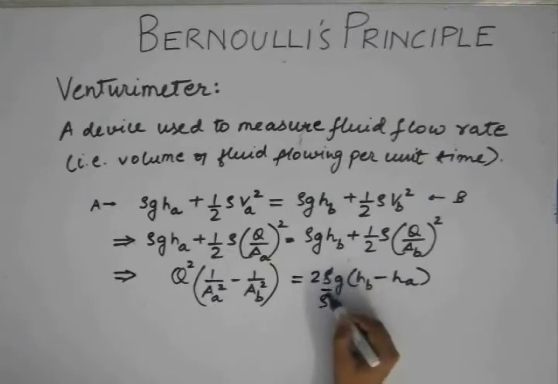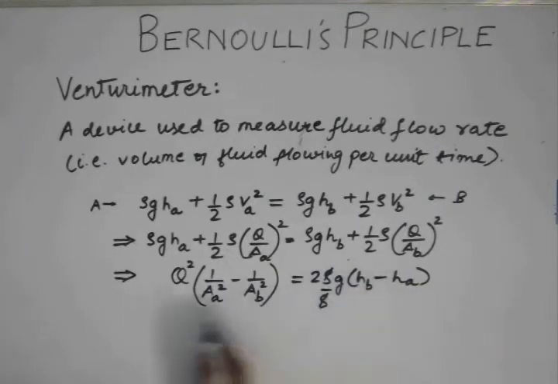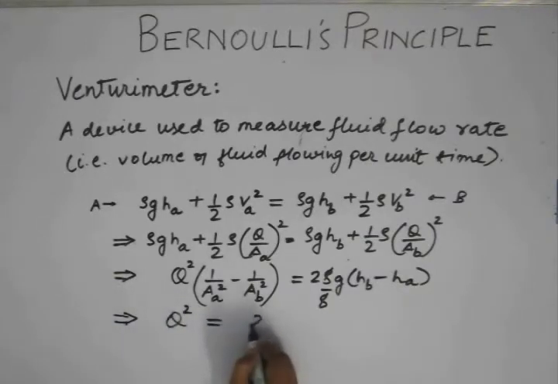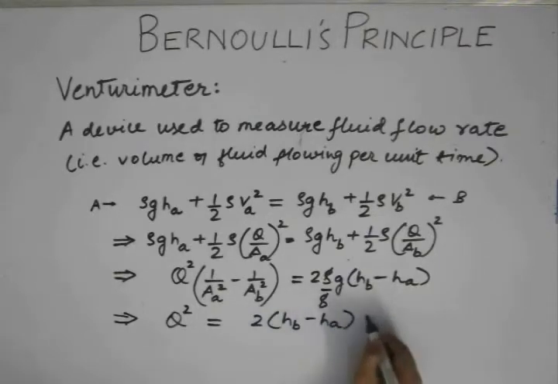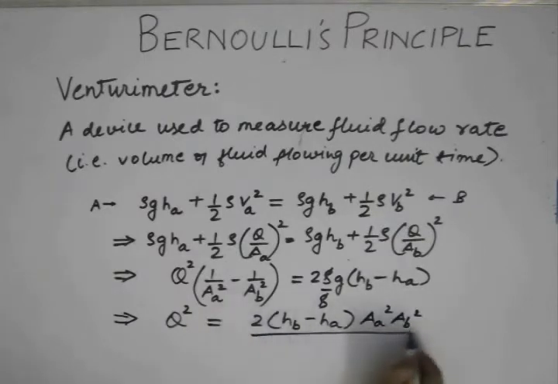So this rho is cancelled. Therefore, Q square is equal to 2 g (hB minus hA) into AA square AB square divided by (AB square minus AA square). This is a negative quantity, this is also a negative quantity, so they both cancel out and give us a positive quantity. So the square root will not create a problem.